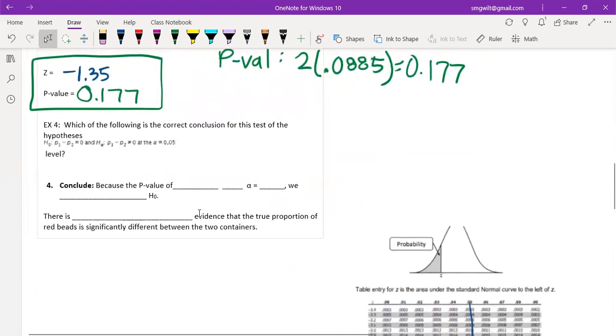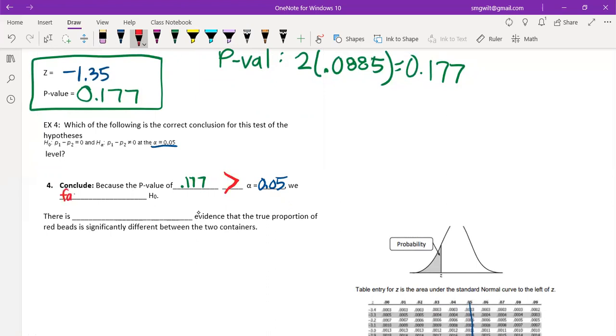Okay, so we're going to use that p-value to draw the correct conclusion. Using our hypothesis test, we got a p-value of 0.177, and they want us to use alpha equals 0.05. So we're comparing those two values. If this is greater than alpha, that means that we are going to fail to reject our null hypothesis.